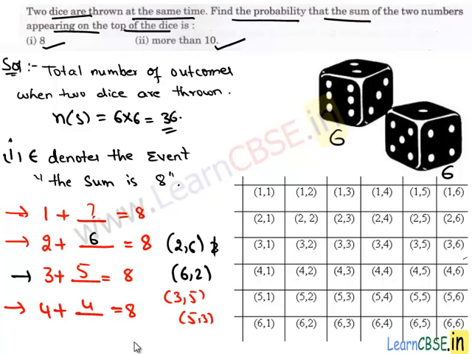So here (4, 4) is our outcome. So totally the sum of two numbers is 8 for (2, 6) as one outcome, and (6, 2) as another outcome, (3, 5) as one outcome, and (5, 3) as another outcome, and (4, 4). So the total number of outcomes favorable to the event E is 5.